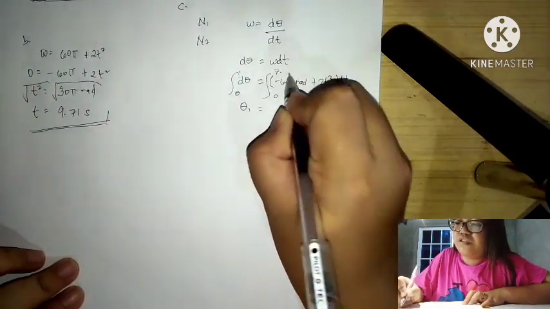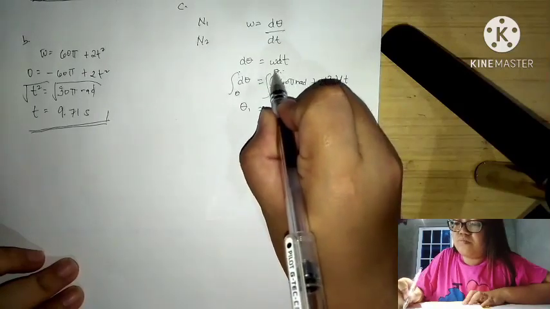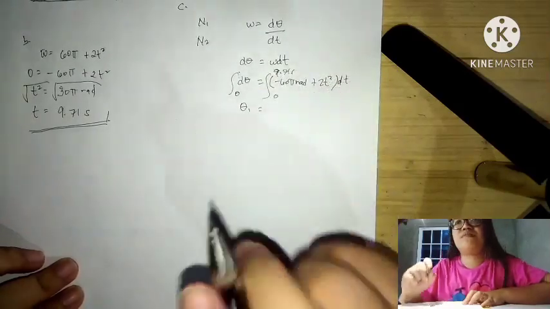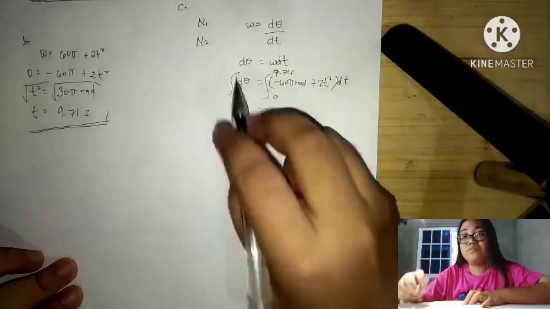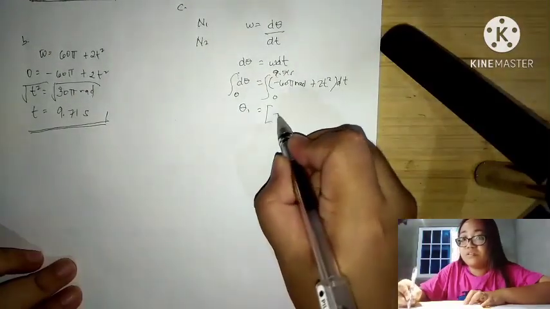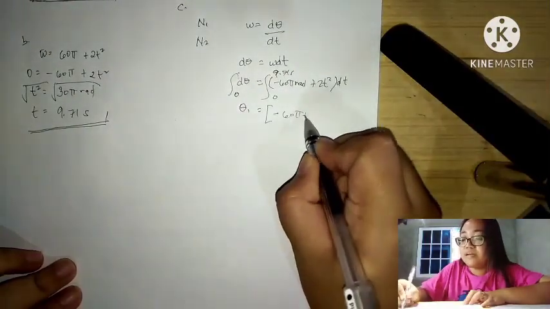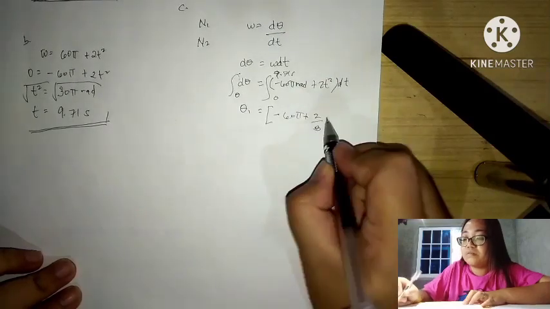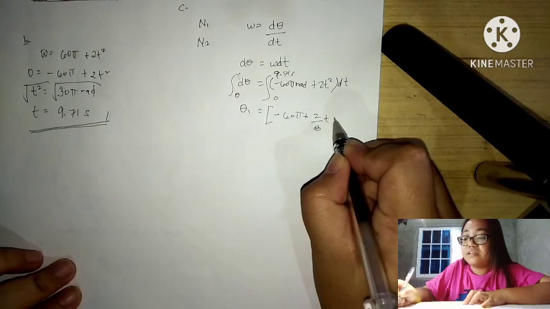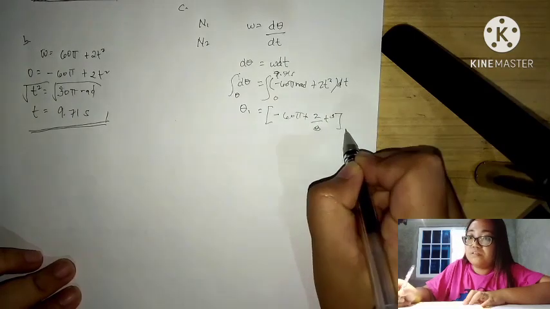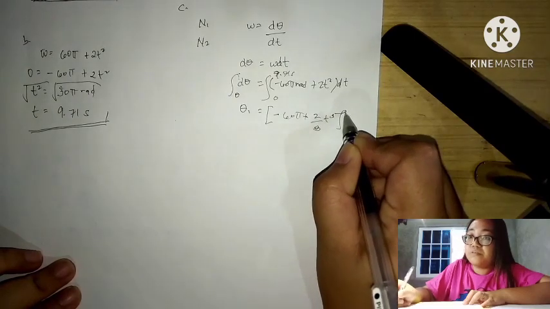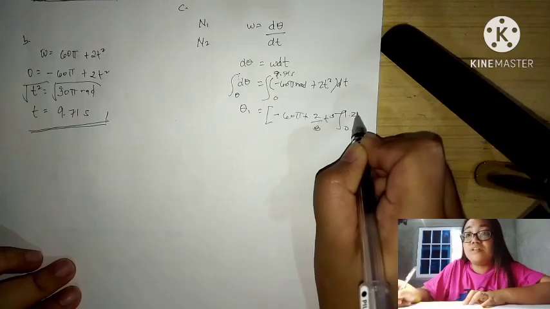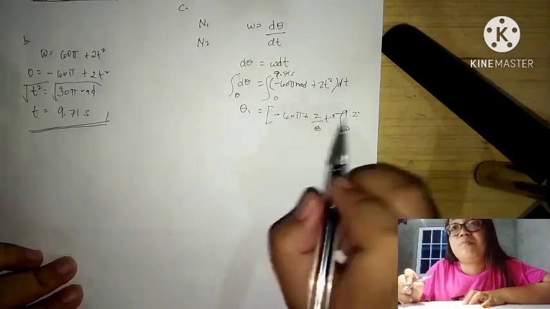Then, i-integral natin to from 0 to 9.71 seconds. So, negative 60 pi plus 2t squared. Pag in-integrate na natin, t cubed, then limit to 9.71.